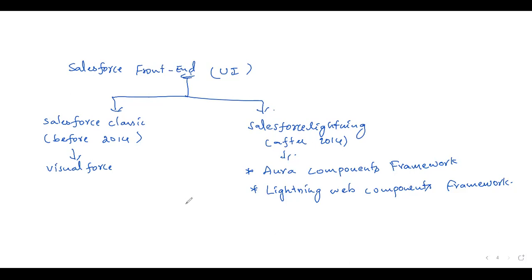Now see here, the Lightning Web Components Framework is the fastest when compared to the Aura Components Framework because it will be having the standards of web pages. Because of that only, it does things in a much faster way when compared to Aura components. This is what we have in the front end, and we'll continue the rest in the next session.